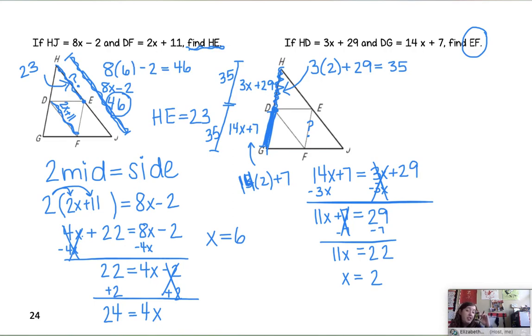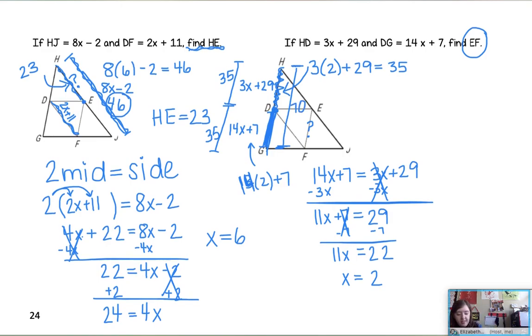Now, since each piece is 35, that means that from H all the way down to G, if I add together 35 plus 35, that will give me that whole length from H to G, right? That will be 70.